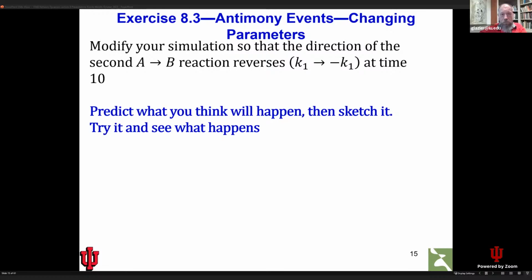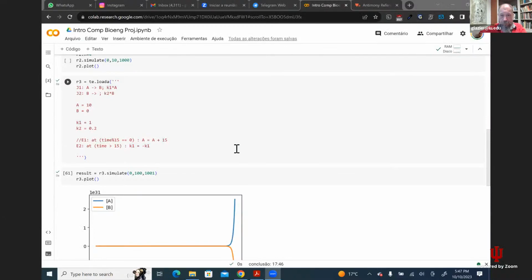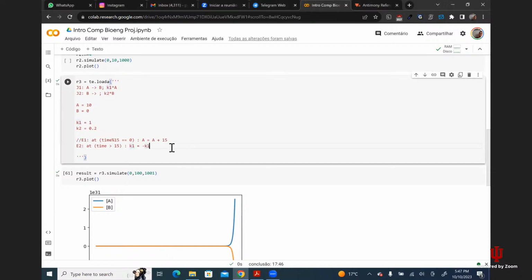Okay, Pedro, let's see what you got. It seems fine for me. At time above 15, K1 equals minus K1. Okay.